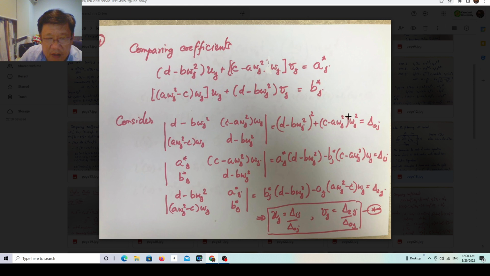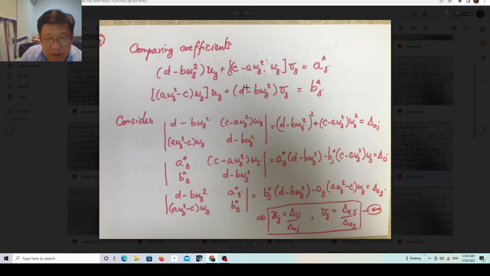So this one has to be c minus a times omega j squared, in the bracket you add another square. You need a square here, because you need this term multiplied to this term, and then subtract the multiplication from the diagonal elements. So we're going to call this one delta 0j.